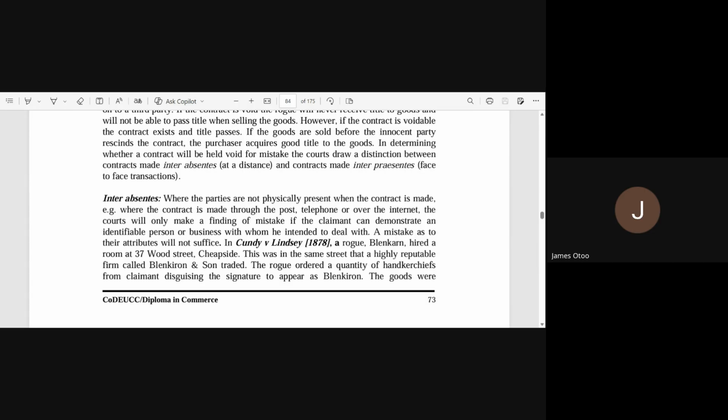So look at the case of Cundy v. Lindsay, where a rogue, Blenkarn, hired a room at 37 Wood Street, Cheapside. This was in the same street that a highly reputable firm called Blenkiron and Sons traded. The rogue ordered a quantity of handkerchiefs from the claimant, disguising the signature to appear as Blenkiron.